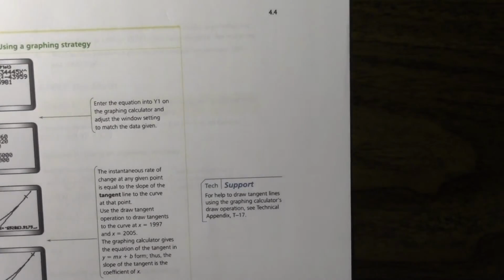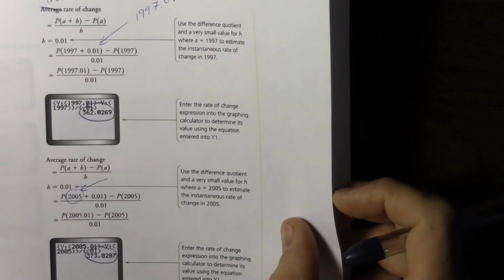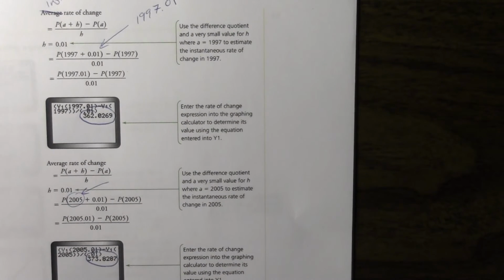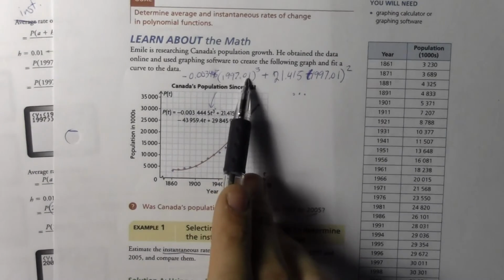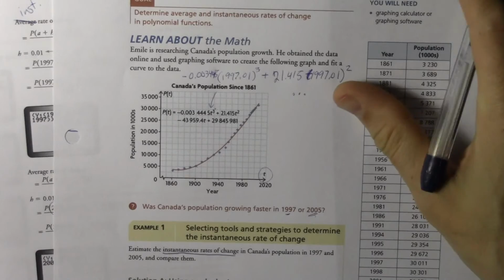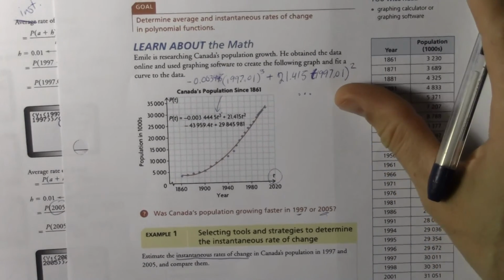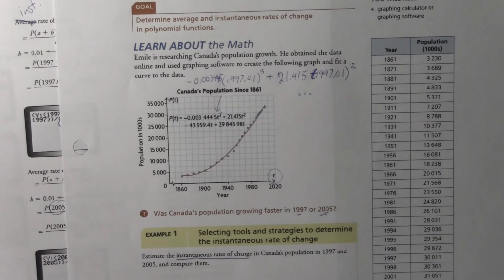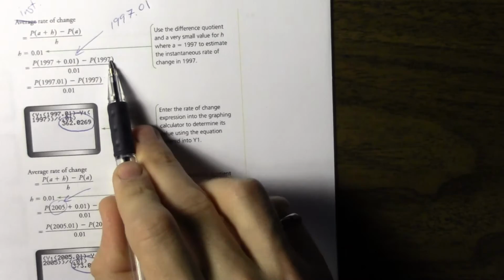Okay. So for the x, you plugged in the 1997.01. Yes, in the equation. It's not x, it's t; t is the x variable. Then what do you do with the minus P of 1997? You plug in 1997 for t into this equation.